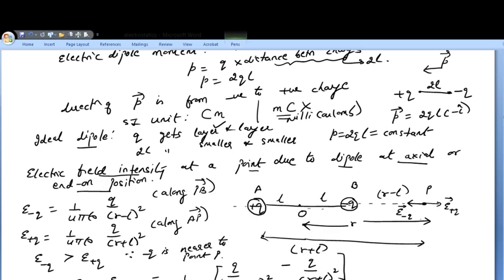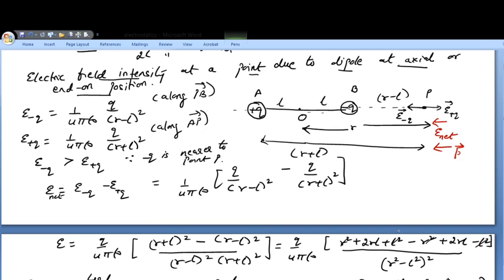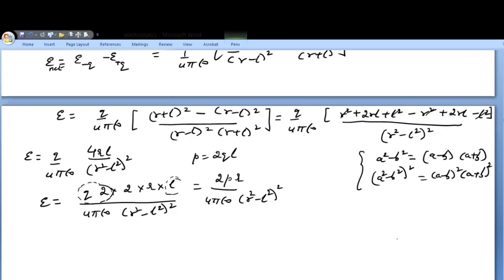So your net electric field is in this direction. This is the direction of E net. And what is the direction of P, your dipole moment? Your dipole moment is also in this direction. So E net and your dipole moment are in the same direction.